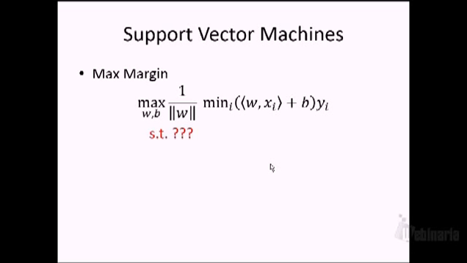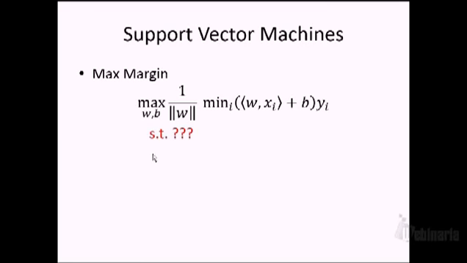And at first glance, this might seem to be making the problem even more unpleasant. But if you choose your constraints wisely, you can actually simplify the problem. An obvious first guess would be to restrict the norm of w to be 1, so that you get rid of this division.